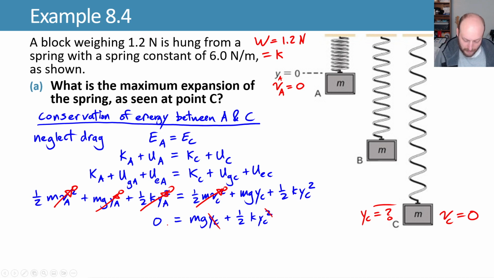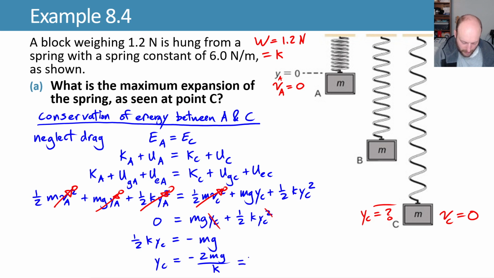And now we can solve for the thing we want, yC. We'll move mg to the other side, so we get negative mg. Then we'll multiply by 2, divide by k, and we get yC is equal to negative 2mg over k. At this point, we can plug in our known quantities.